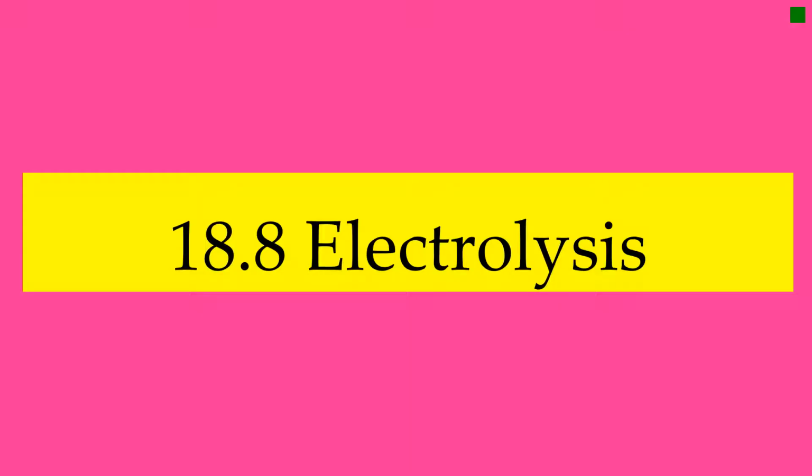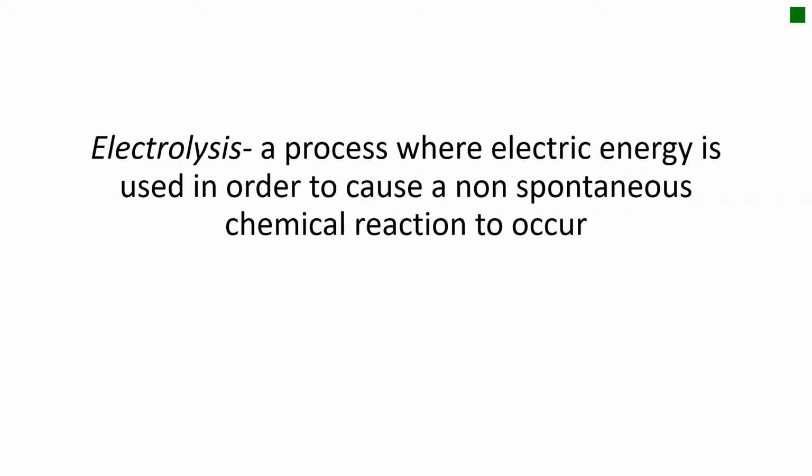For the final section, we'll go over section 18.8, which is electrolysis. To further explain, electrolysis is basically a process where electric energy is used in order to cause a non-spontaneous chemical reaction to occur.